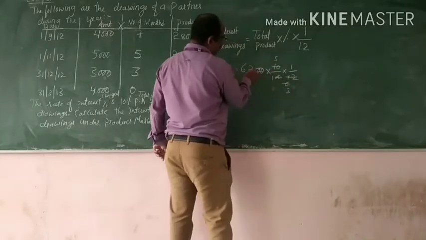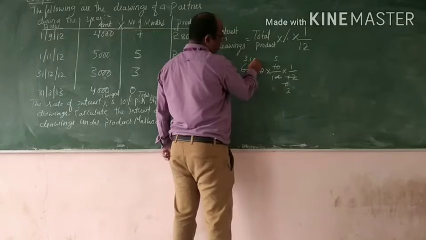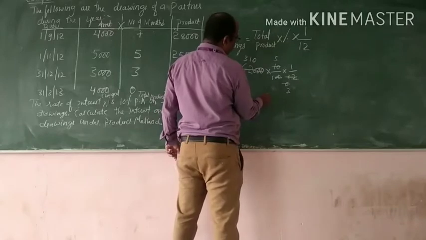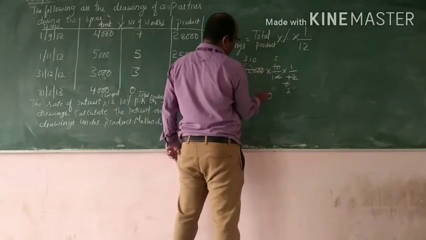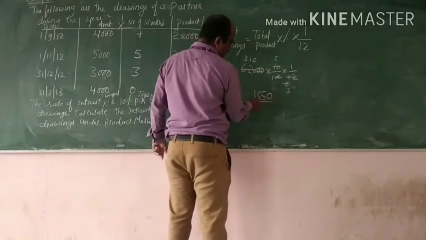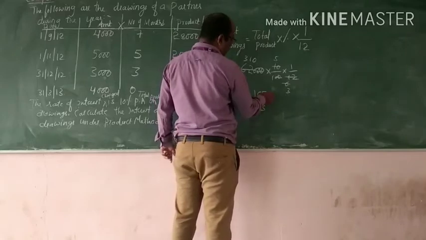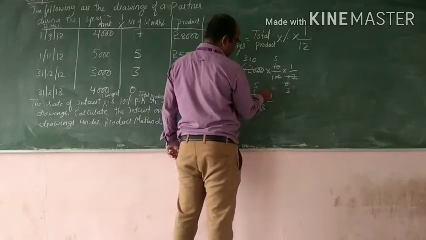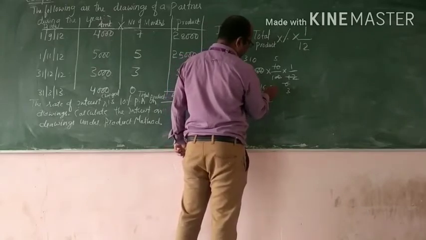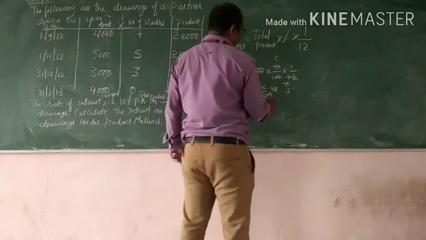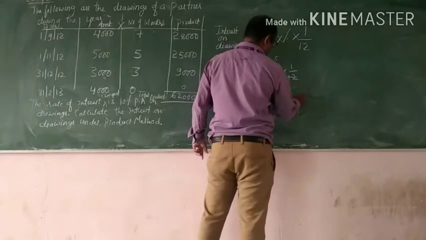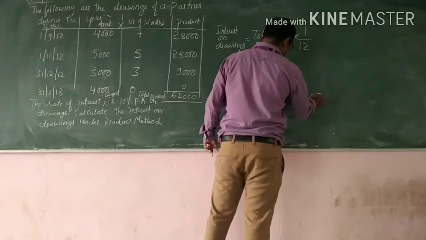0, 0 cancelled, 2 5s are 10, 2 6s are 12, 2 3s are 6. 3 10 into 5, 5 3s are 15. 1550 divided by 3. 3 5s are 15. 3 into 16 is 5.